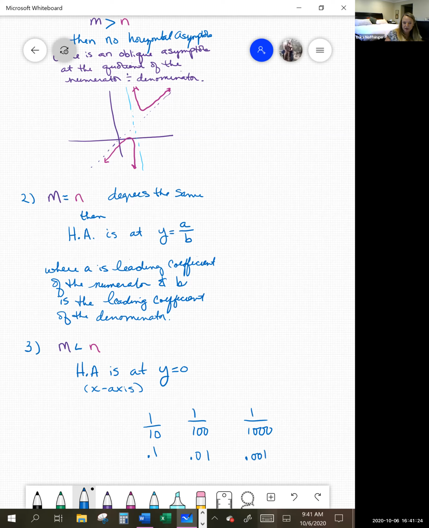As this number down here is getting huge, what's happening to our value? 1 over 10,000 is 10,000ths.